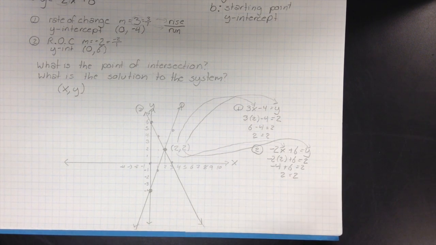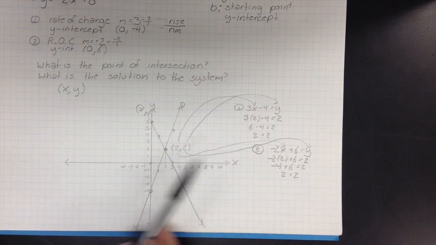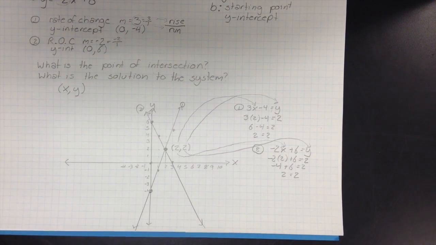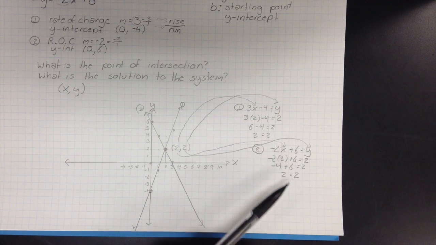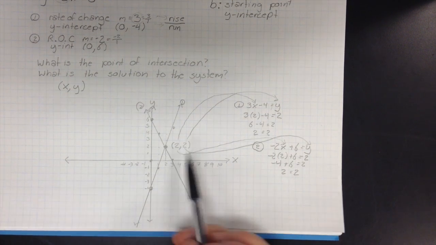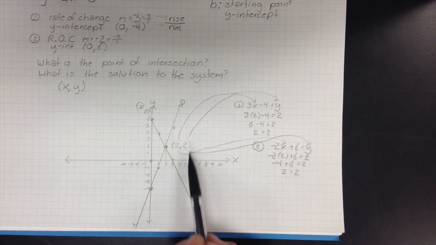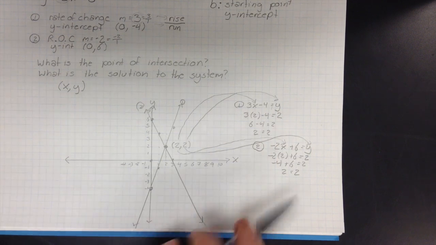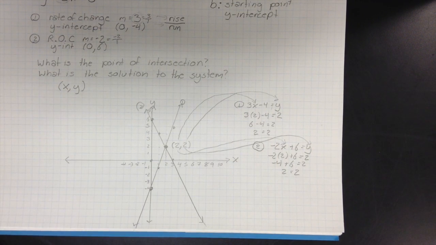So, what this is saying is, these two values make this equation true, and these two values make this equation true. So when x is 2 and when y is 2, that's when both of these equations are true. That's the solution to the system, the one place where these equations mean the same thing.